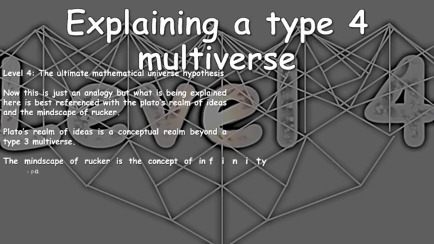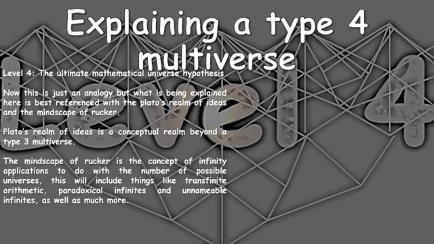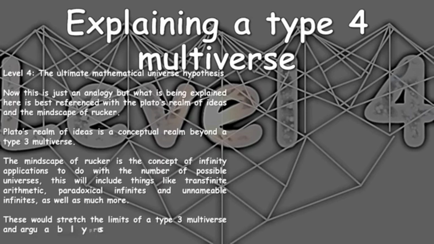The mindscape of Rucker is a concept of infinity, with the number of possibilities being transfinite arithmetic. They've got paradoxical infinities, and they've got unnamed infinities as well as much more. This would stretch the limit of a Type 3 multiverse and arguably surpass it, diving into the realm of conceptuality, much like Plato's realm of ideas.